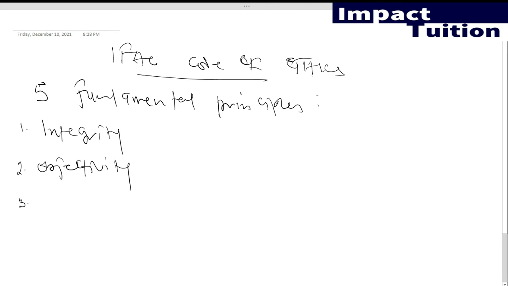The third, professional competence and due care. Four, confidentiality.